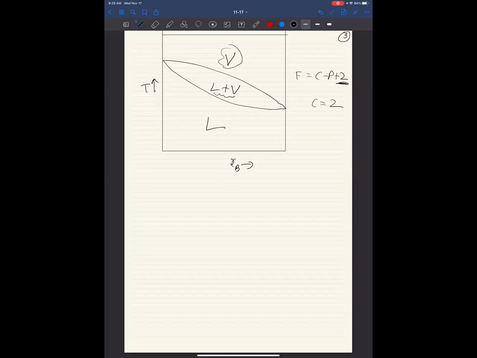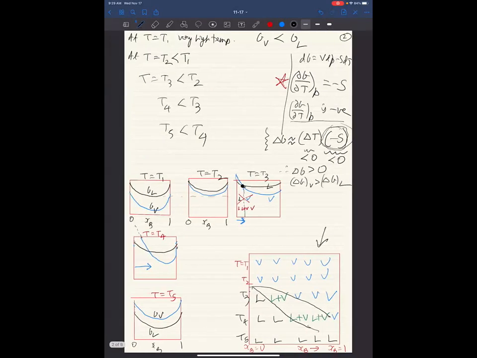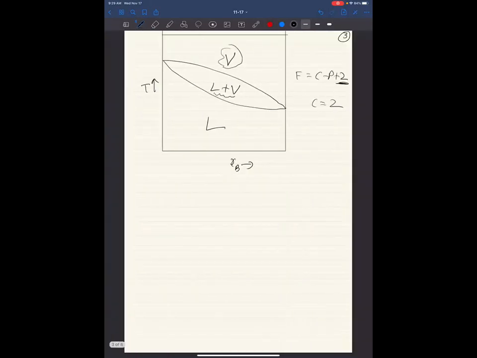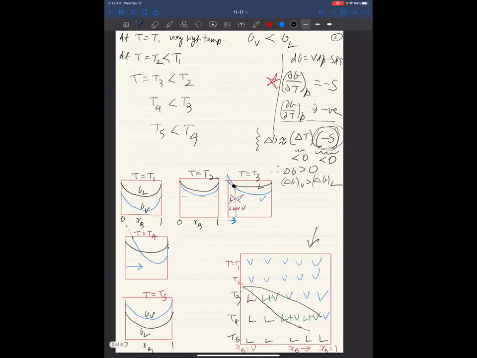Okay, so the most important thing now is to understand this T equals T3 behavior and see what's going on. Why is it that we formed liquid plus vapor? Why is it that liquid did not change to vapor on its own? In order to do that, I'm just going to go to the next page and draw a big picture because it will take some time.